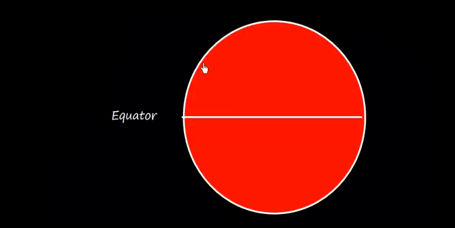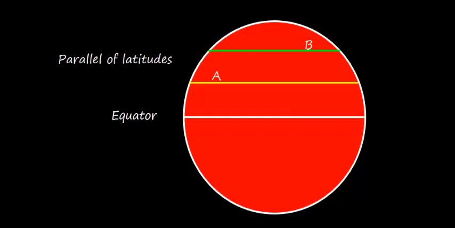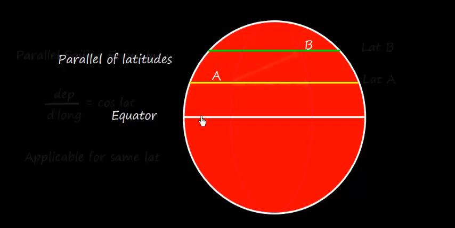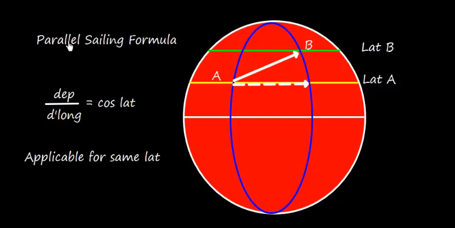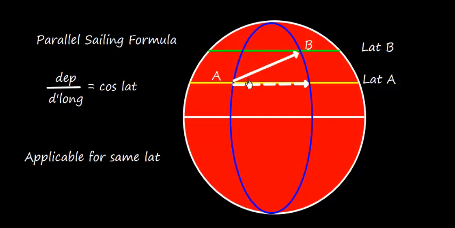Let us consider Earth as a sphere and this one is the equator. So these are parallels of latitude, which are parallel to the equator. And now we have the parallel sailing formula, which says departure by d long is equal to cos latitude.